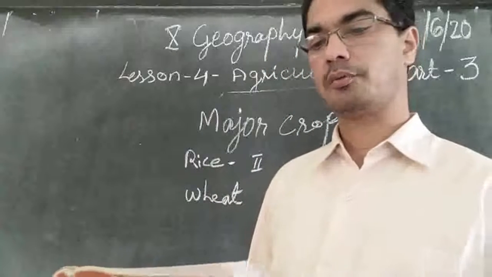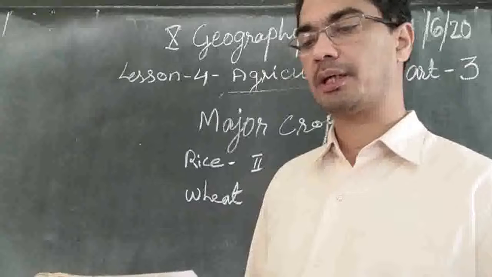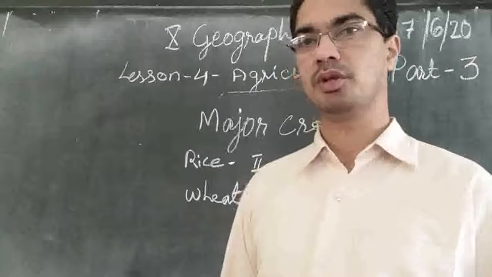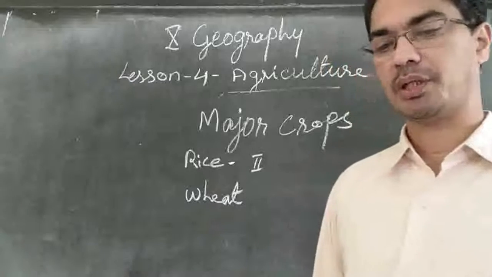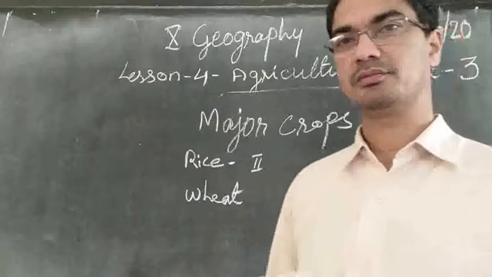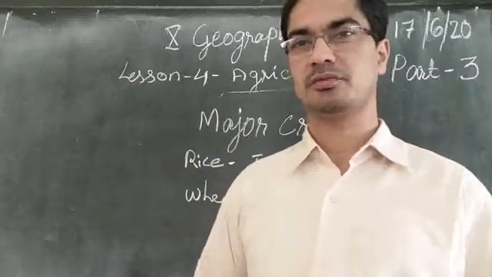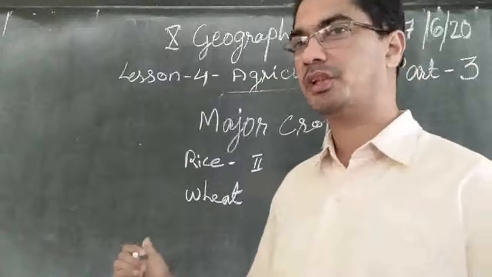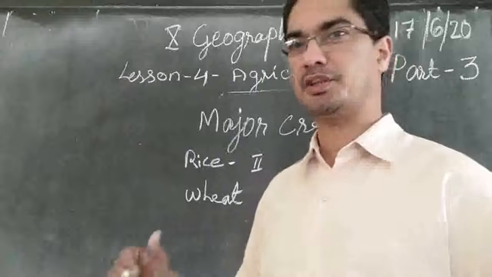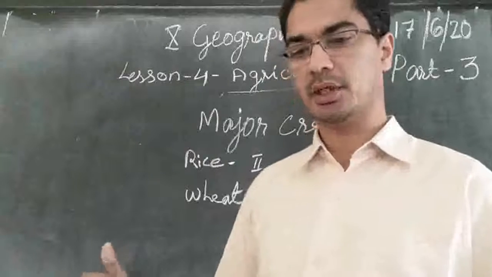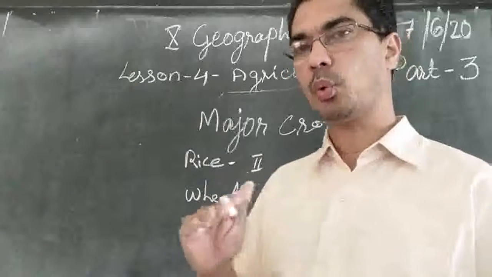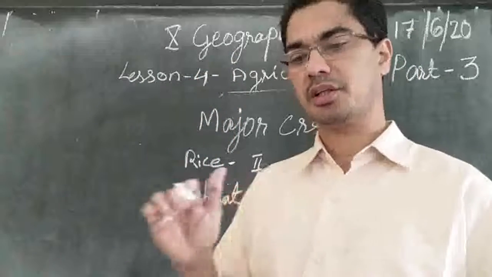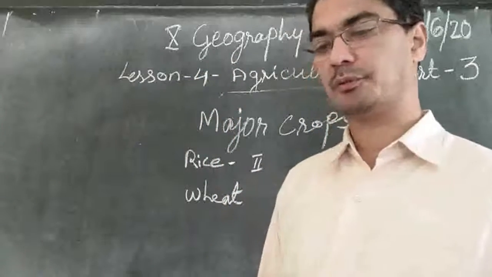And this rabi crop requires a cool growing season and bright sunshine at the time of ripening. So rice was what kind of crop? Kharif crop. It needs water. And wheat is a rabi crop. It is not planted in the summer, but it is planted in the winter. Because it needs a very cool climate, it does not need a very high temperature, but it needs a very cool temperature.